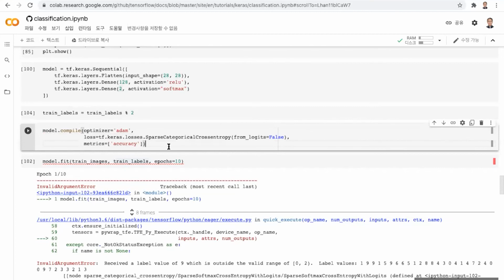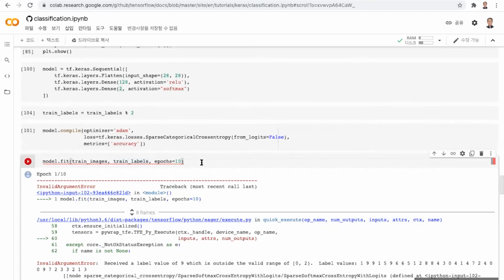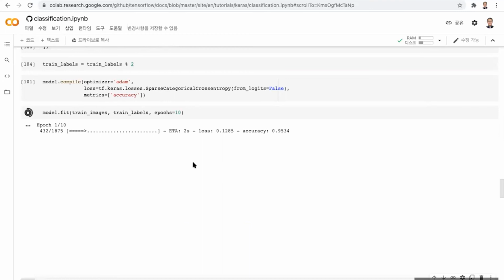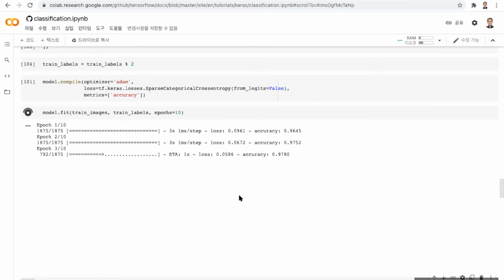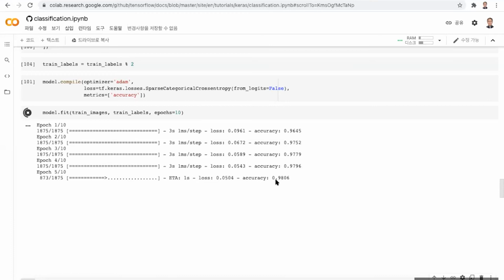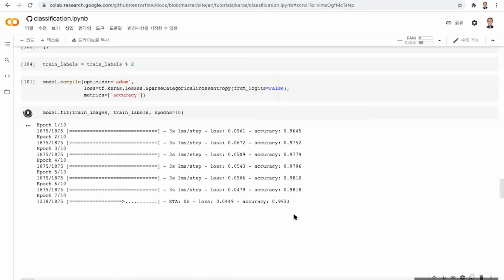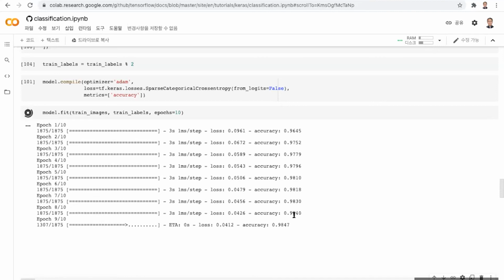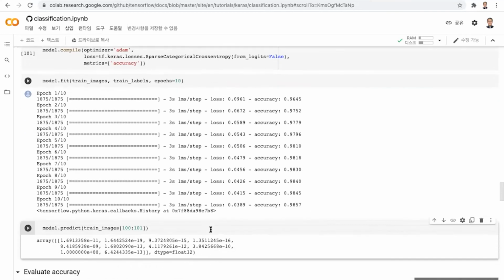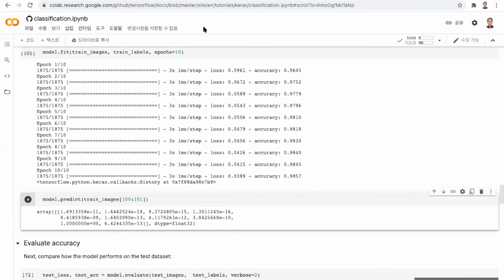And then if I rerun this model.fit, I got the working code. And it's really nice, it's over 98% accuracy. That's because it's much easier to classify 2 different things rather than 10 different classes.